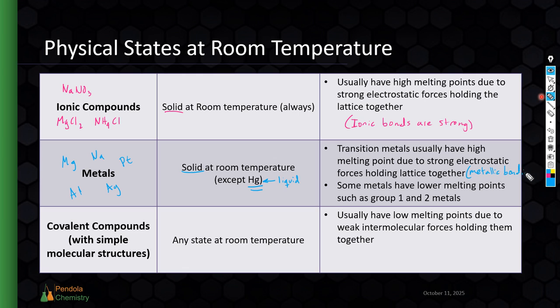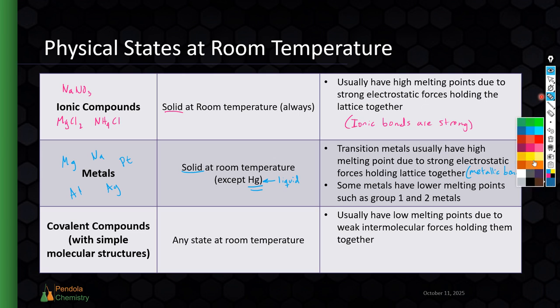So the metallic bonding in metals is really strong, which holds the lattice together, and therefore requires a lot of energy to break, keeping them solid at room temperature, and needing a lot of energy to melt them. Some metals have lower melting points, like group 1 and group 2 elements, for example, have very low melting points, but they're low in comparison to other metals. They're still solid at room temperature. Mercury is the weakest one, and that's why it's a liquid, but again, we're not going to discuss why that's the case.